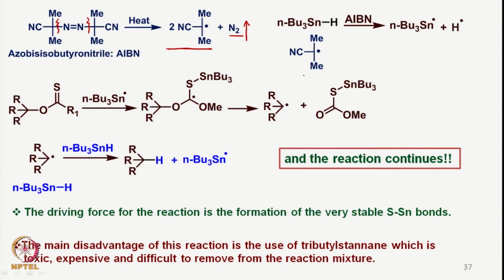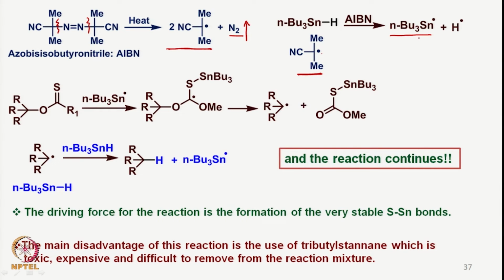When this radical reacts with the tributyltin hydride in a similar fashion as we discussed earlier, where benzoyl peroxide gives a phenyl radical that reacts with the TTMS to form the corresponding radical, similarly this tributyltin hydride reacts to form this particular tributyltin radical, and of course the hydrogen goes away.